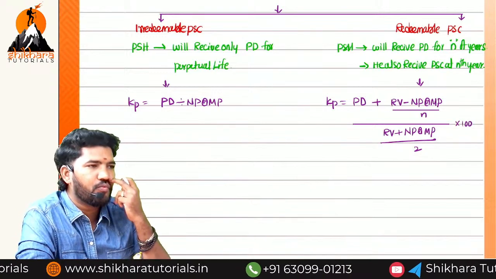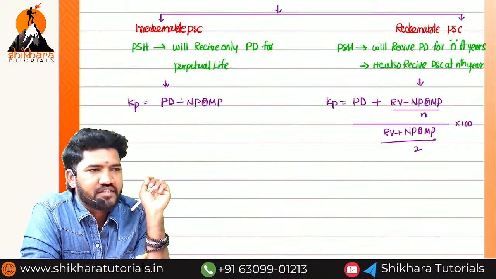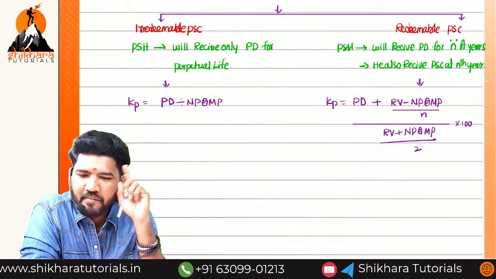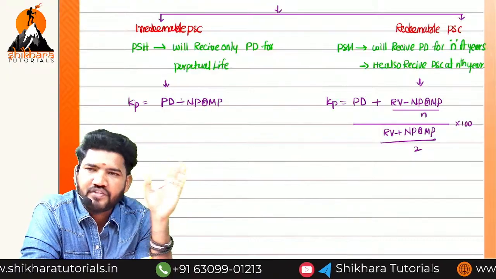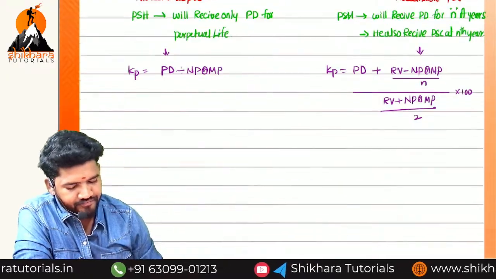Just observe the one difference. What is the one difference? Tax advantage. Tax advantage is only for debenture, not for preference share capital. Clear? Okay, then fine.